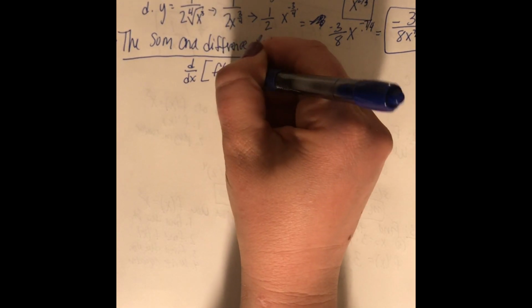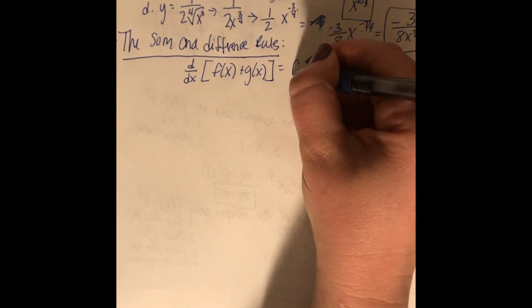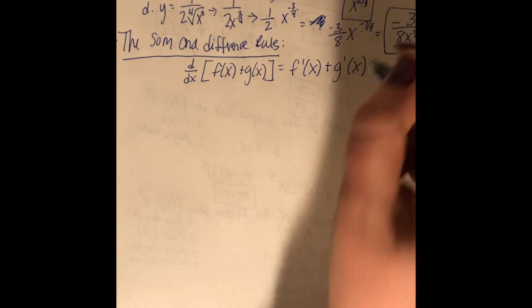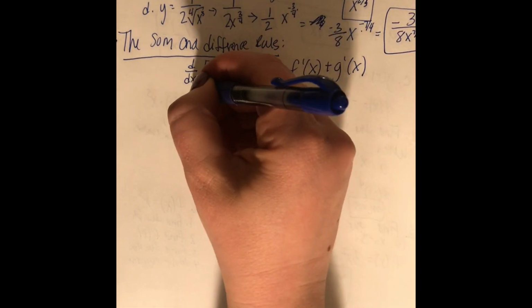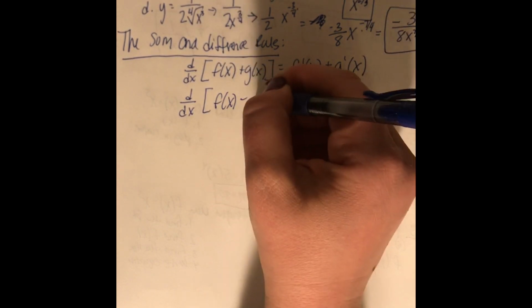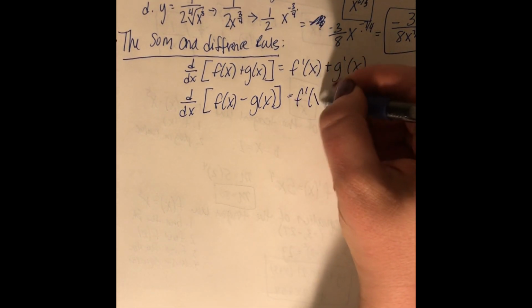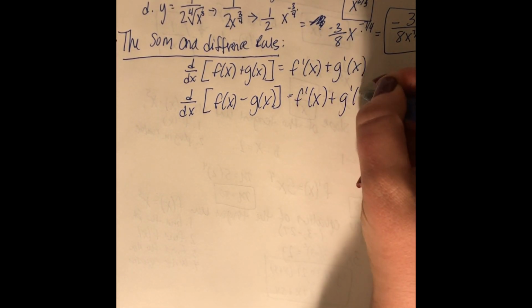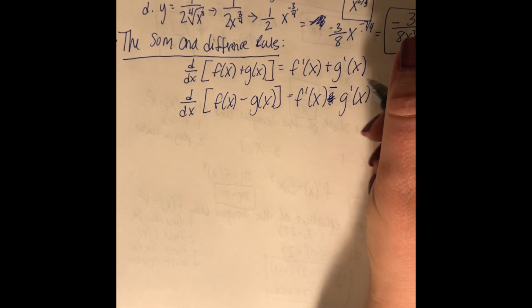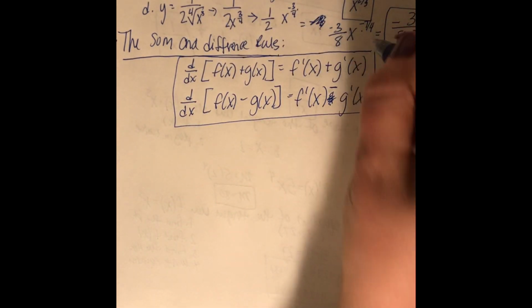If you have two functions and you're adding them together, the derivative of that is just each of them doing it separately. And again, we're still adding. And the same thing with subtracting. So the derivative of two functions that you're subtracting, you're going to take the derivative of each of them separately. But this time you're going to subtract them.